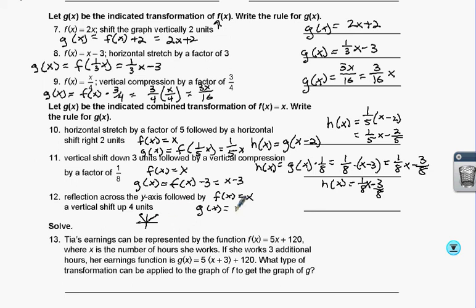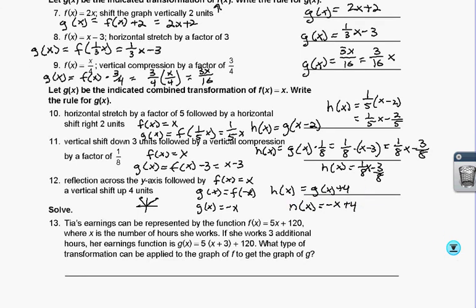So that's going to be this function evaluated at negative x. So therefore g of x equals negative x, and then we're shifting that up 4 units. So my h of x is equal to my g of x plus 4. So h of x in this case is going to be negative x plus 4.